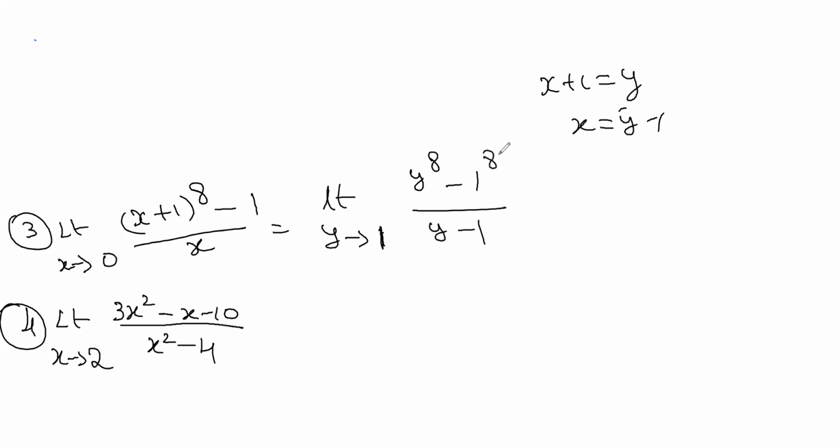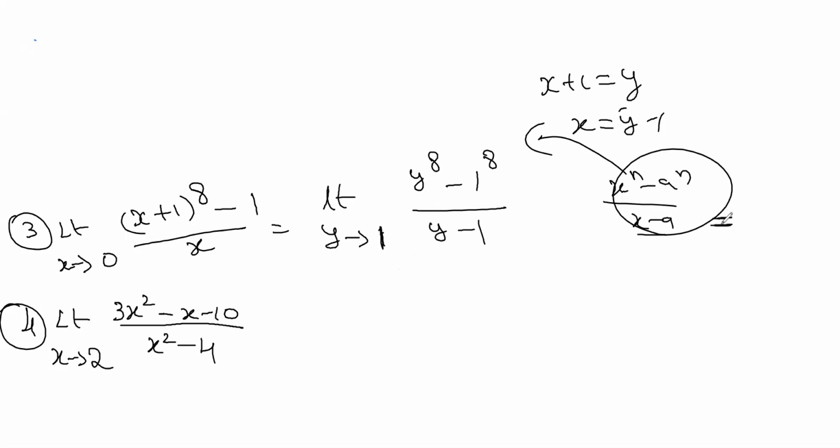So it is 1 power 8, the same form, x power n minus a power n by x minus a. So using the formula, n into a to the power n minus 1, the answer is 8. Because 1 to the power anything is the same value.